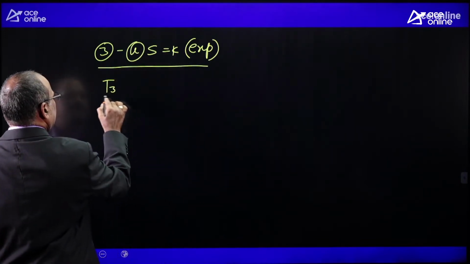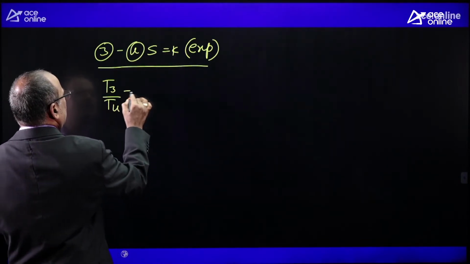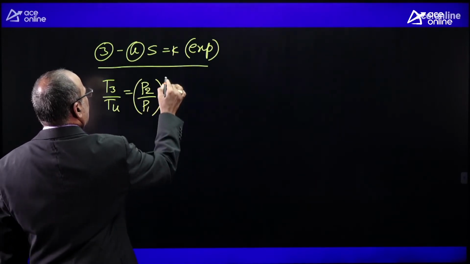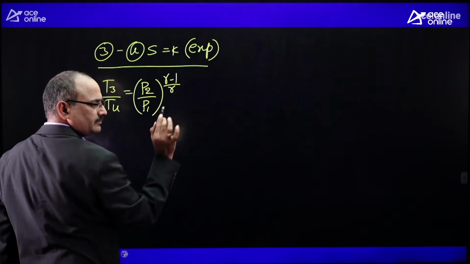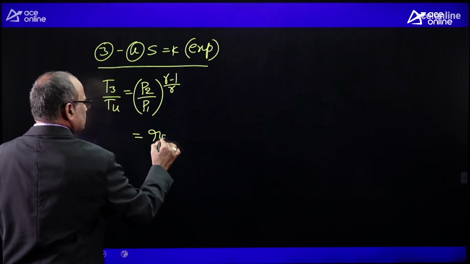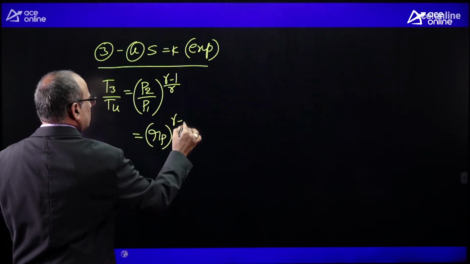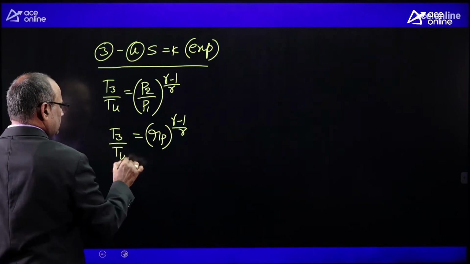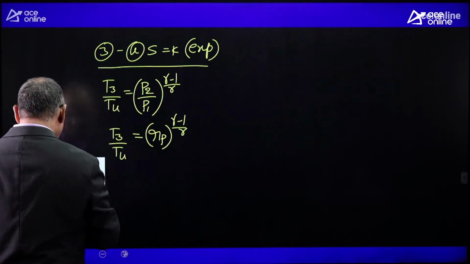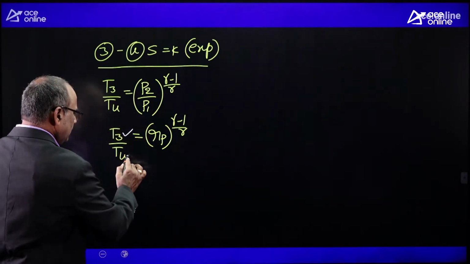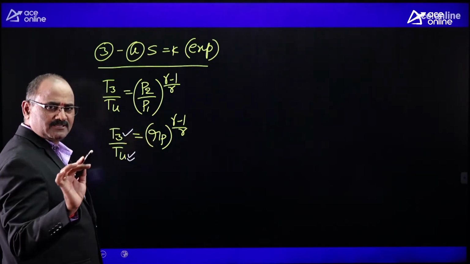T3 by T4 is equal to (P2 by P1) power (gamma minus 1) by gamma. This P2 by P1 we are calling the pressure ratio, so RP power (gamma minus 1) by gamma is equal to T3 by T4. Now what is T3? T3 is the temperature before expansion, T4 is the temperature after expansion.